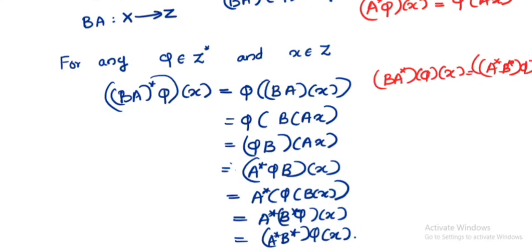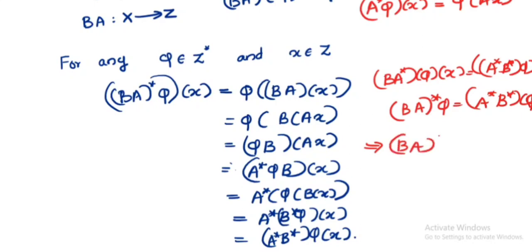This is true for every x belongs to Z. This implies BA star phi is equal to A star B star phi, but this is true for every phi belongs to Z star. This implies BA star is equal to A star B star.